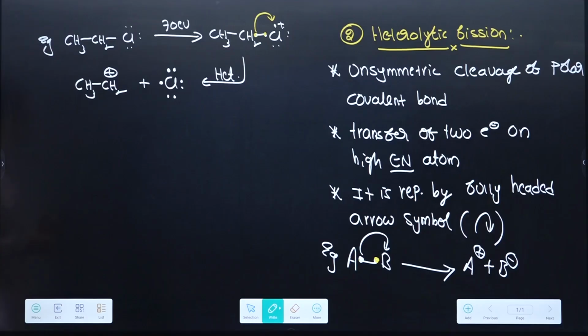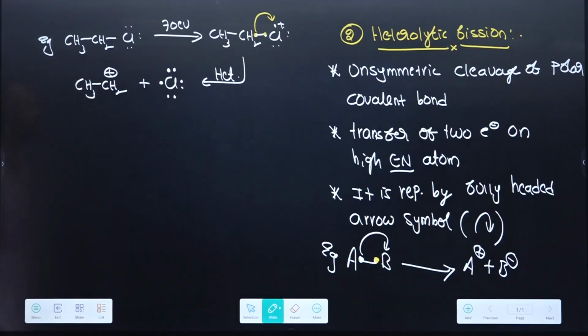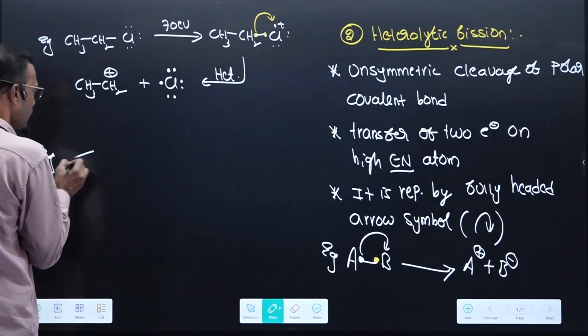So mostly alcohols and halogen derivatives will follow this kind of fission. Mostly for halogens it is applicable.